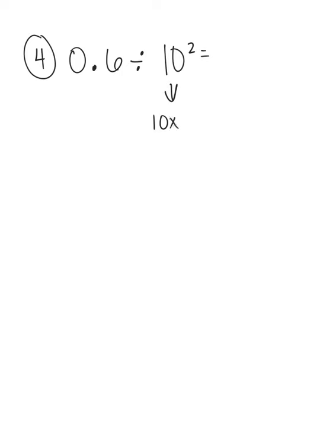All right, let's look at problem number 4. I have 6/10 divided by 10 to the second power. And remember, 10 to the second power is just repeated multiplication, 10 times 10, so 2 powers of 10. All right, so let's work that out. I have 6/10, and we are dividing, so I'm going to move my decimal place value to the left 2 times because I have 1 power of 10 and another power of 10.